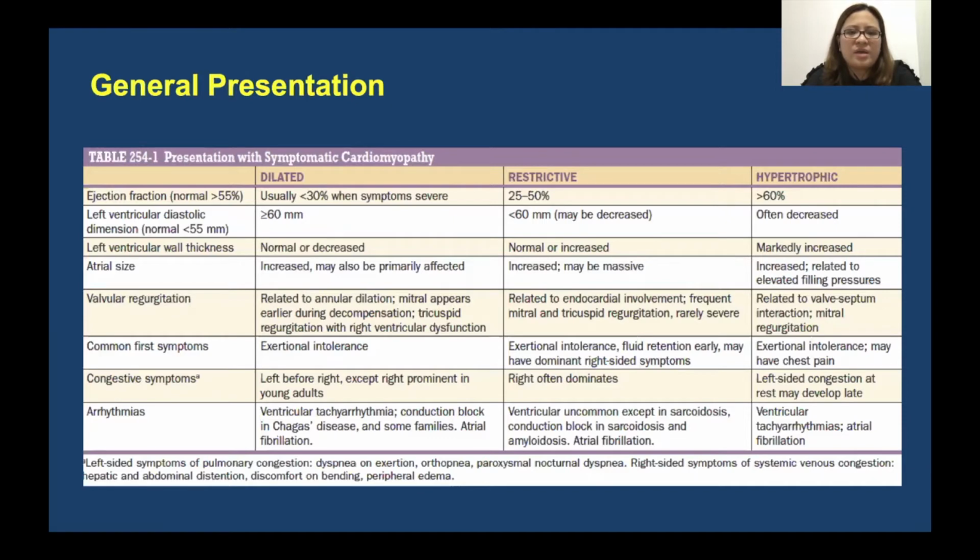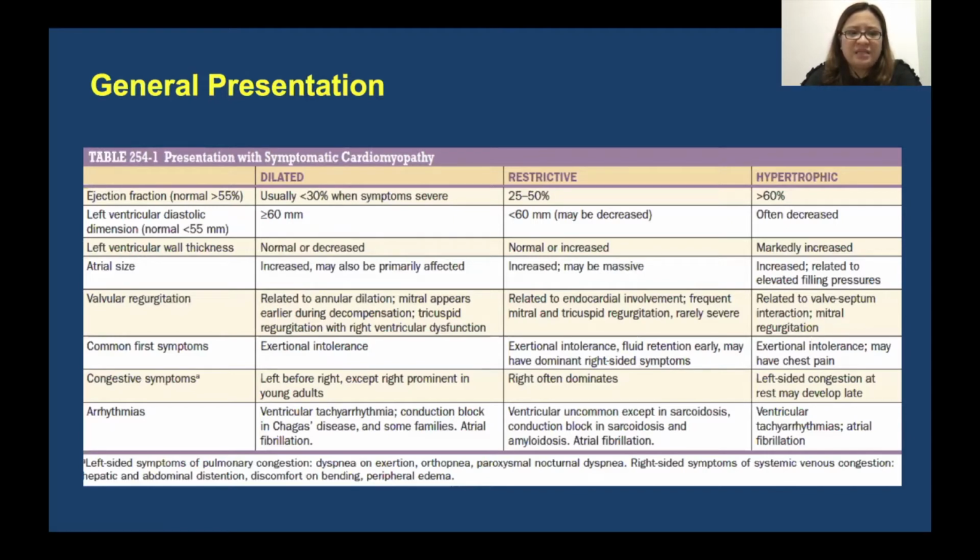For the arrhythmias, ventricular tachyarrhythmia is often seen in dilated and hypertrophic cardiomyopathy. Atrial fibrillation can be seen in all the three types of cardiomyopathy. Conduction block can be seen in Chagas disease, also in sarcoidosis and amyloidosis.